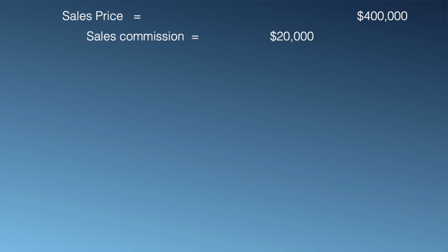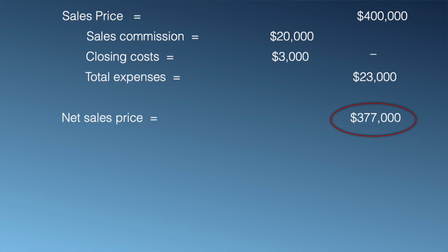So that's what they paid in commission. And let's say the closing costs for the property were $3,000. So at that point, the total expenses to close on the property were $23,000. So we're going to take the $400,000, subtract $23,000, and that's going to give us $377,000. That's our net sale price.